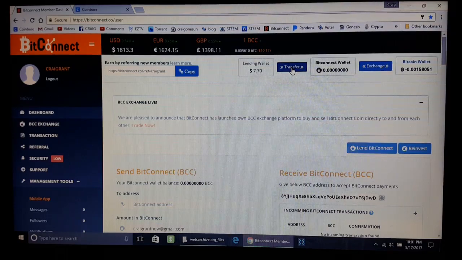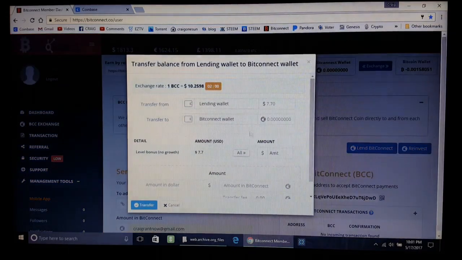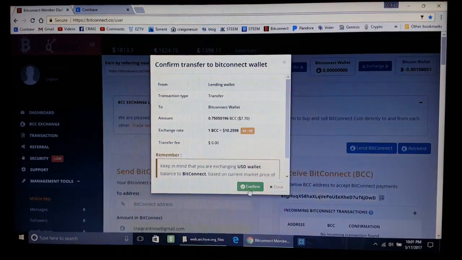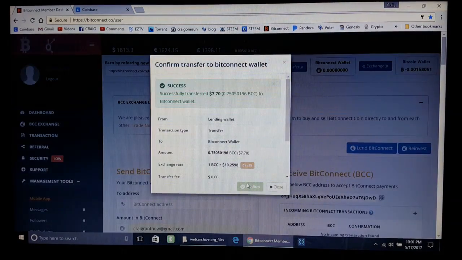So now I'm going to transfer this $7.70 over into BitConnect tokens. This part of BitConnect is another part where it's so great. You think the bot is great and the interest is great. When you think about the way BitConnect is set up to manage the finances, it uses a blockchain.